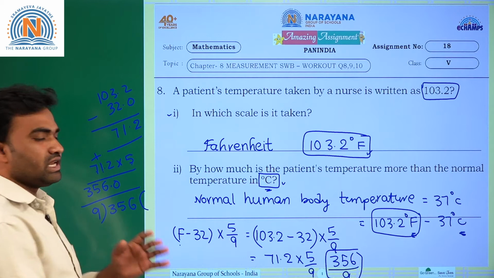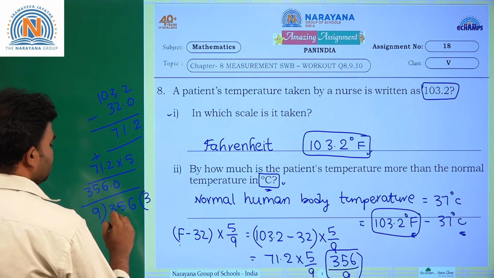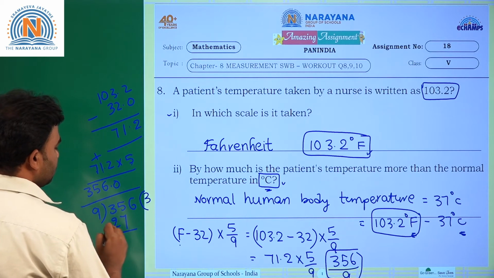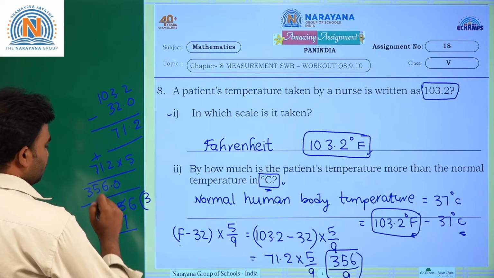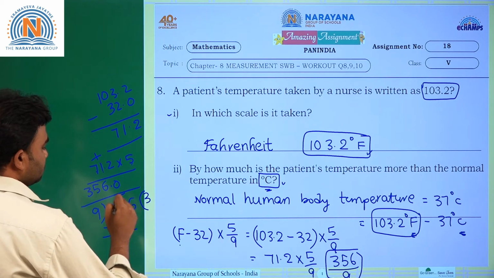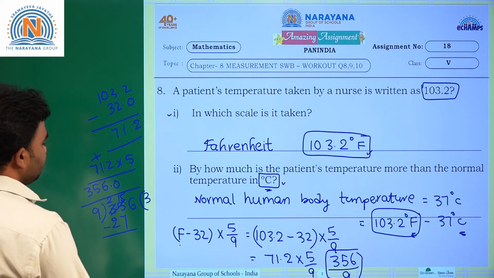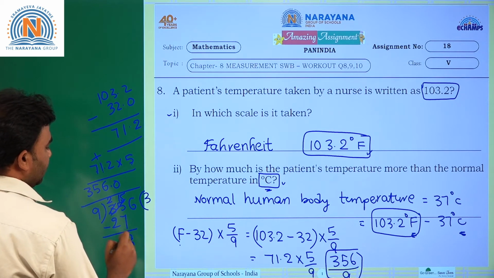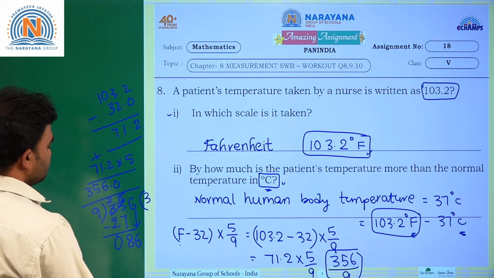As 36 is greater than 35, go with 9 3's, 27. Subtract both the numbers. 5 minus 7 is not possible, then take 1 from the 3, then it becomes 15. 15 minus 7 is 8. 2 minus 2 is 0. Next bring down 6.